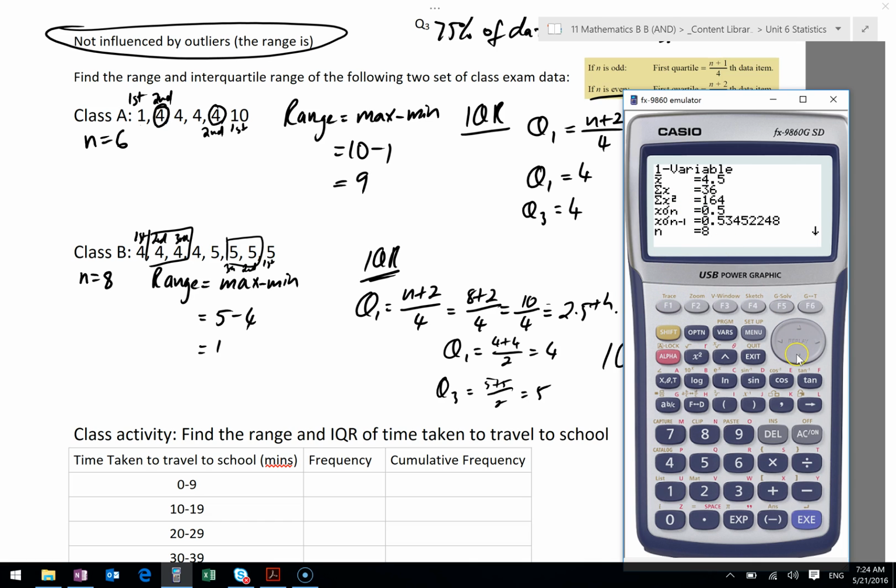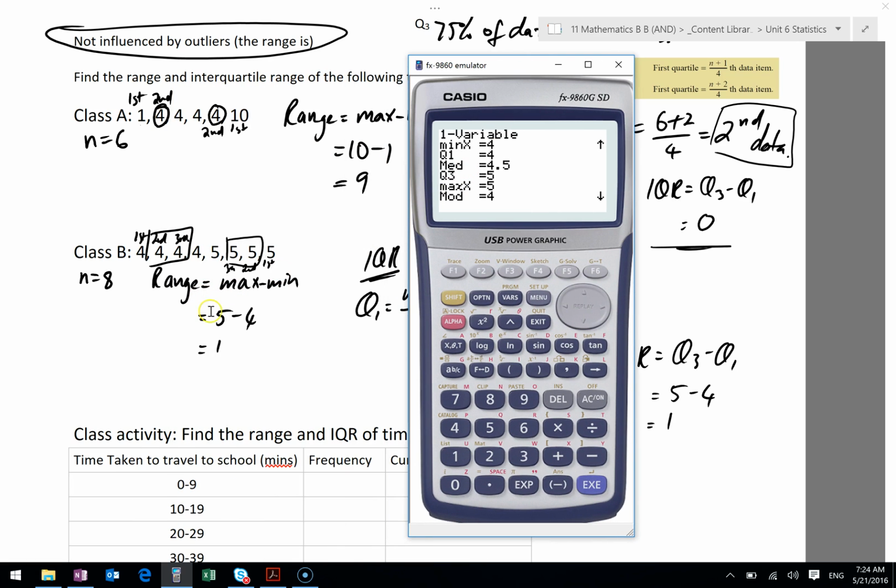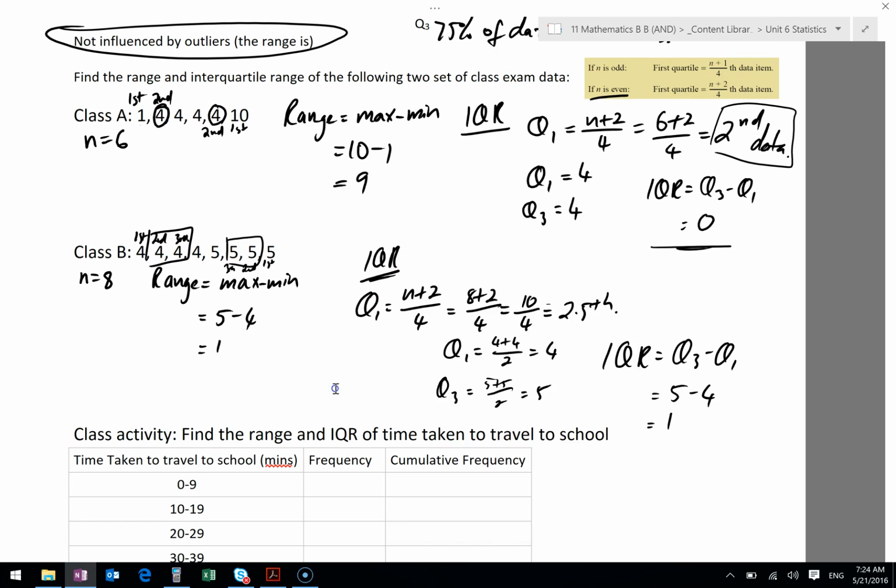It gives me the stats. Does it give me range and interquartile range? Well, no, not really, but it does give me what Q1 and Q3 are. So Q1 is 4, Q3 is 5. Yep, all good. So I can do my calculation. If I was instructed to do it on the calculator, I'd get this output, write down what Q1 is, write down what Q3 is, and calculate interquartile range. Similarly for the range, my max is 5, my min is 4.